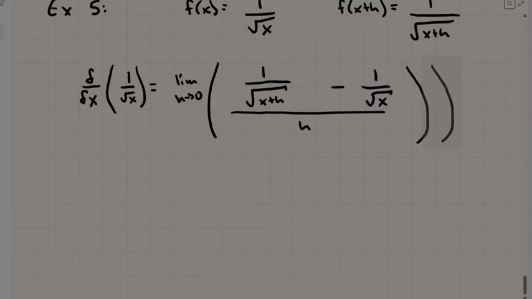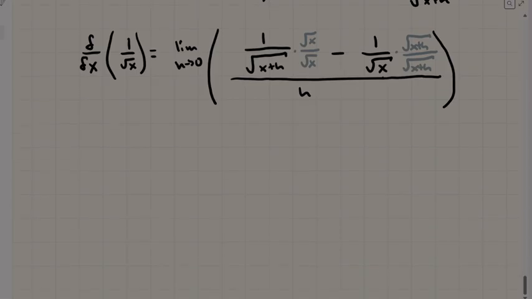And so we need to get a common denominator for these, just like we did on the last one. So square root of x plus h, square root of x, we're just going to multiply these by the other denominator, and we stack it so that it equals 1, so that we don't change the value of anything. But now we just kind of force the denominators to be the same.